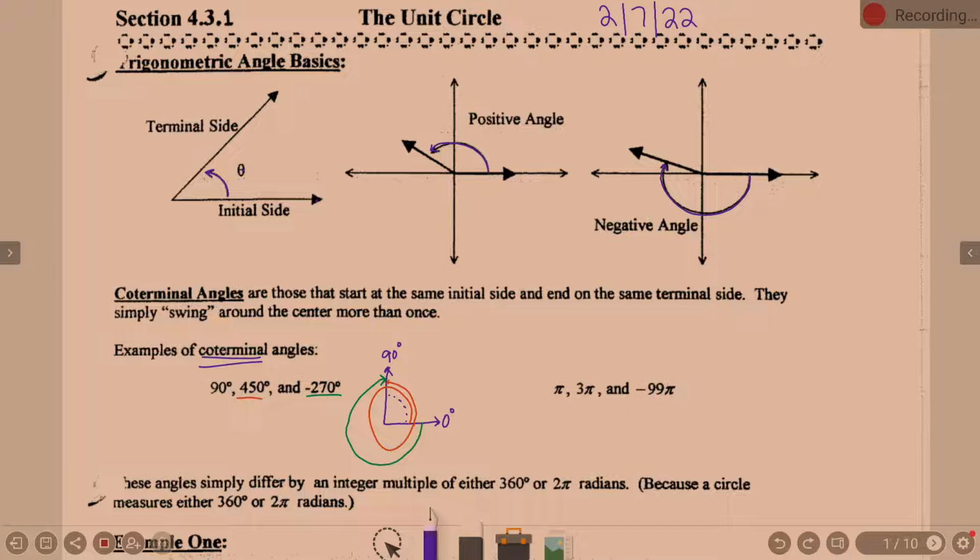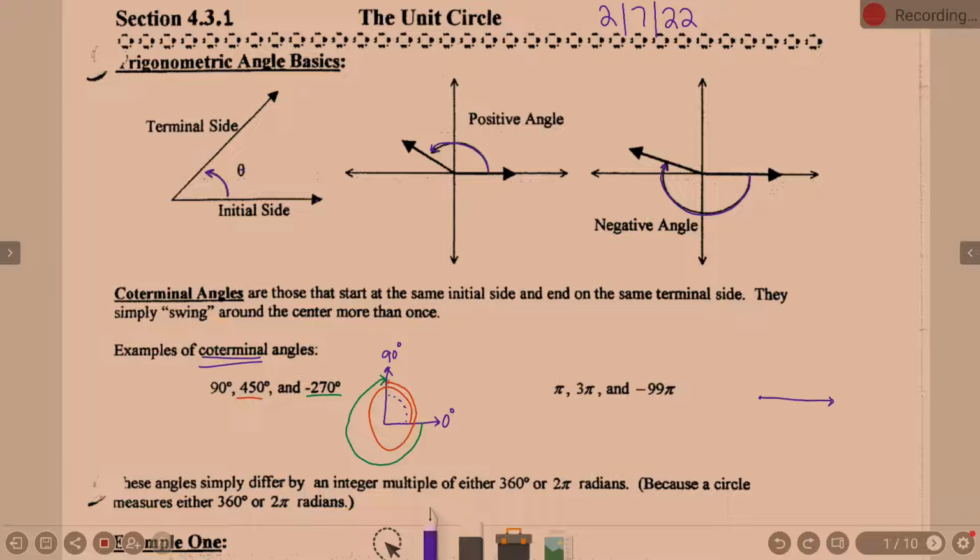Okay, we've talked about pi. What's pi look like? There's my initial side. There's my 0 degrees off at 3 o'clock, right? If you recall, 2 pi is all the way around the circle, right?